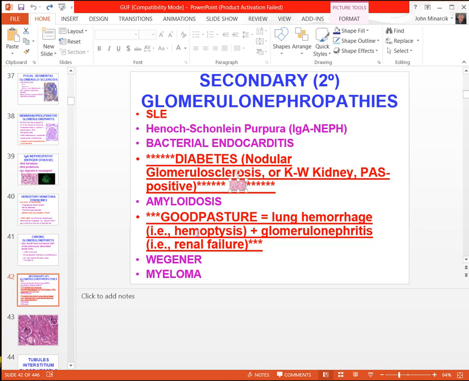That's how the question's going to start out. But if you remember that the type 4 collagen of the lung basement membrane is the same as the type 4 collagen of the glomerular basement membrane causing the renal failure, then you can understand it. Next stop, 49 on the choo-choo train.